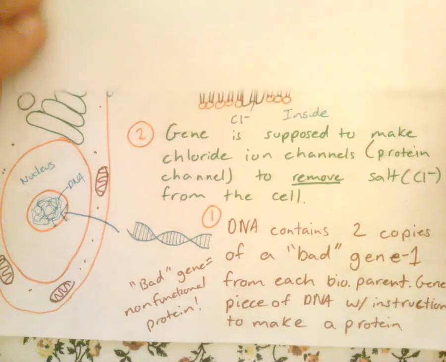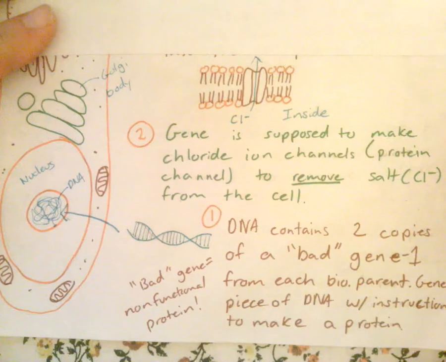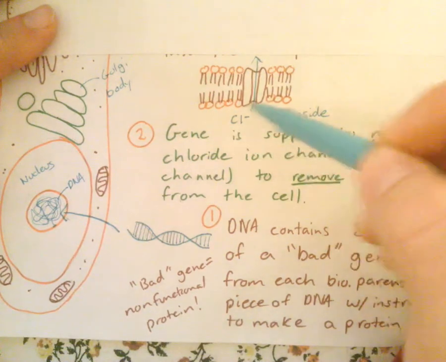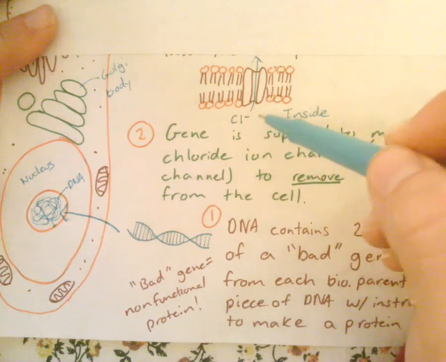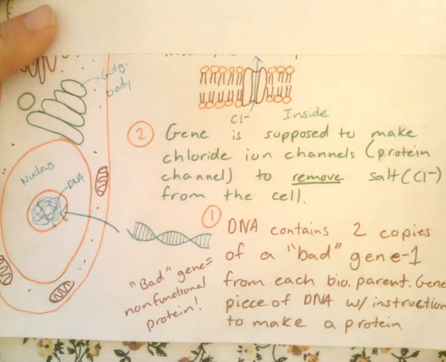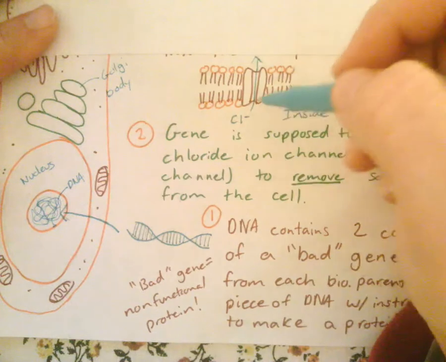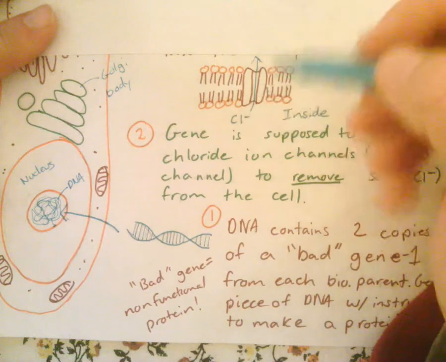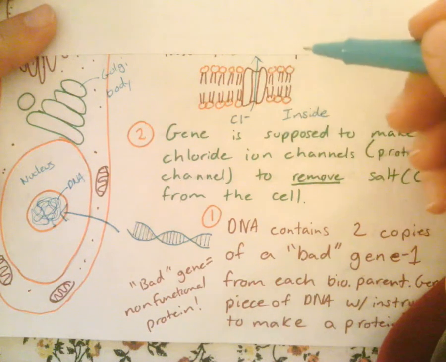Now, if it works properly, then when we have salt that builds up within the cell for just regular reasons, so the regular processes within the cell sometimes can produce these salts, then the cell has a way of getting rid of it. So they can actually pump it to the exterior so that it's eliminated.